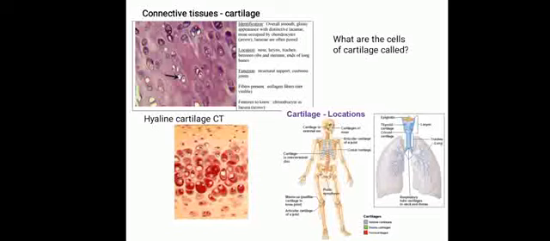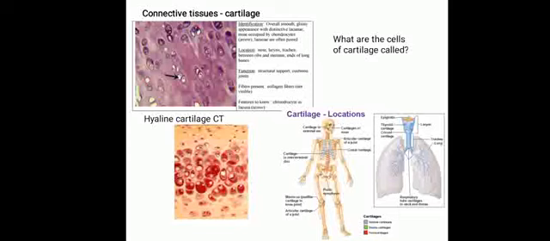Then you can see the cartilage locations, where you can find all these cartilages specifically. Fibrocartilage is illustrated by the red color, and the green color is elastic.